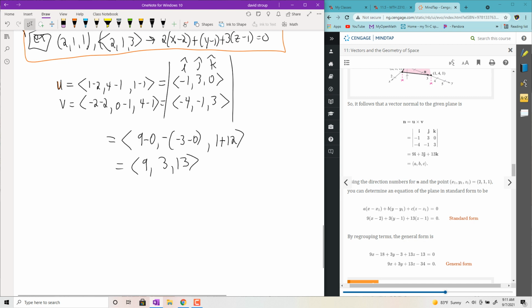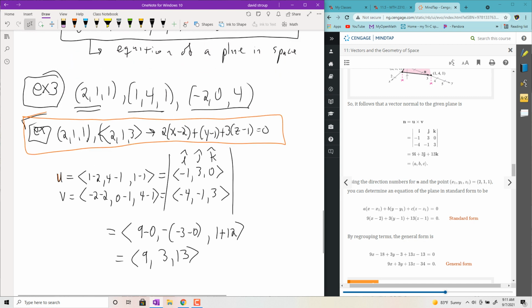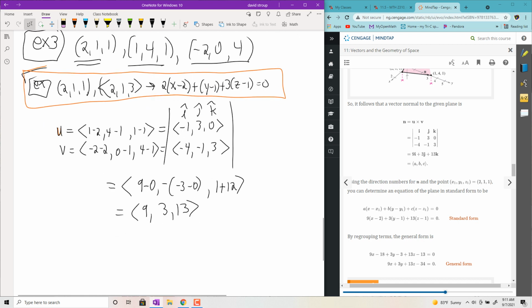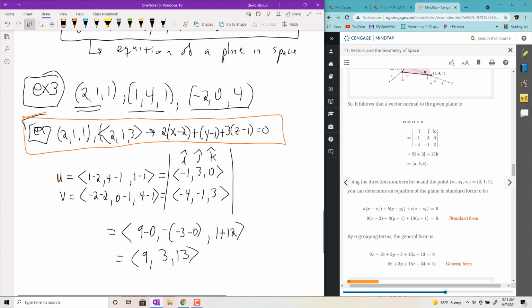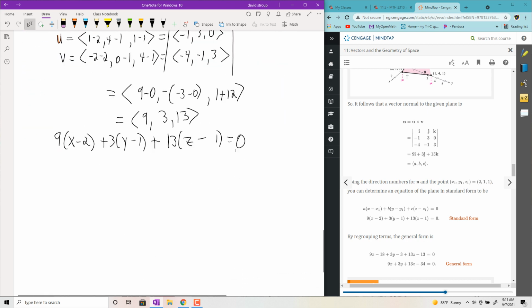So then you could just take any one of the points you want and create the equation. The book used the first point. I'll do that as well. So it'll be 9 times x minus 2 plus 3 times y minus 1 plus 13 times z minus 1 equals 0. For the homework, I think you could usually just type that in as your answer.